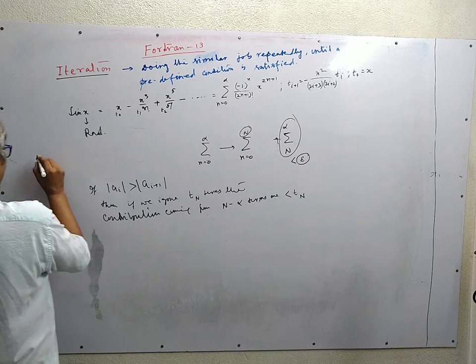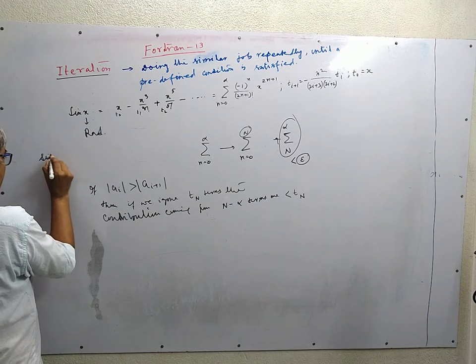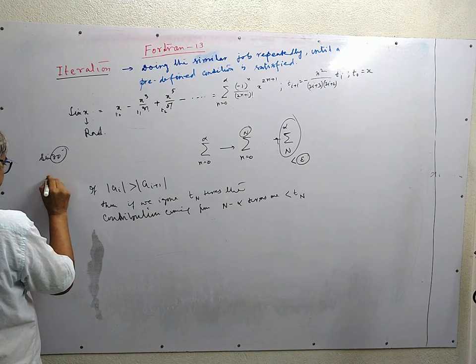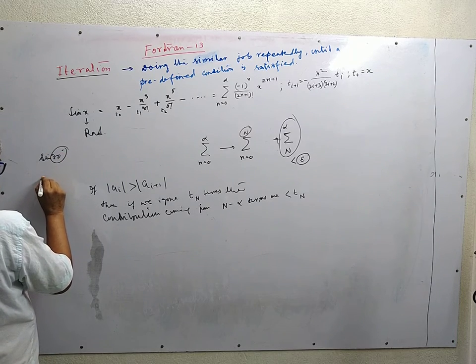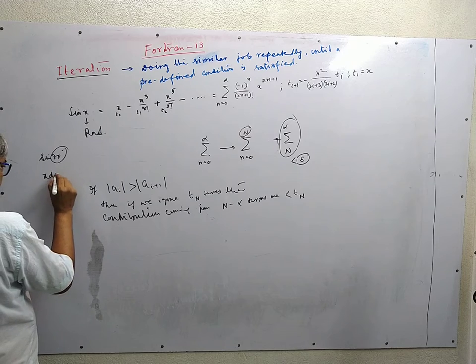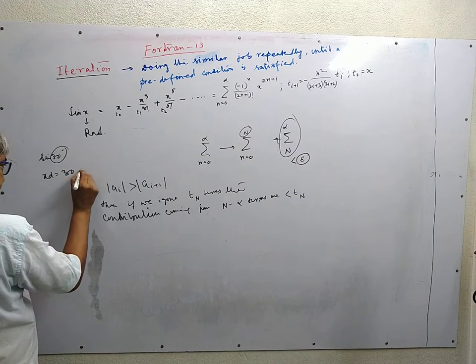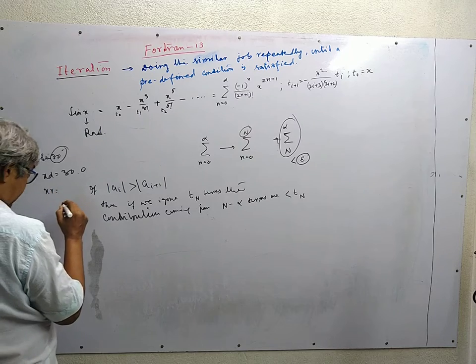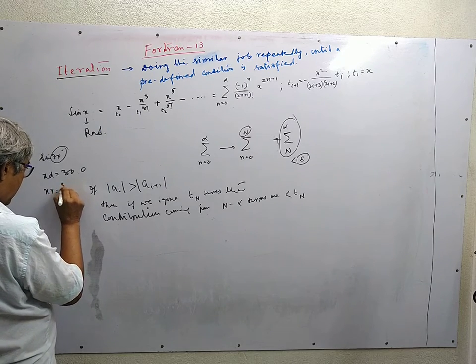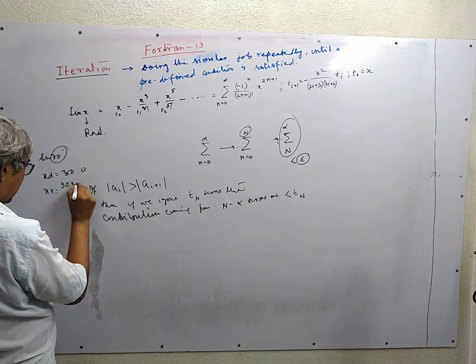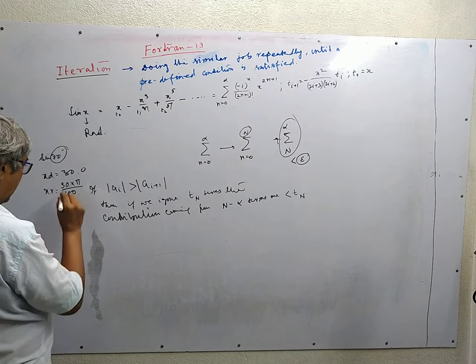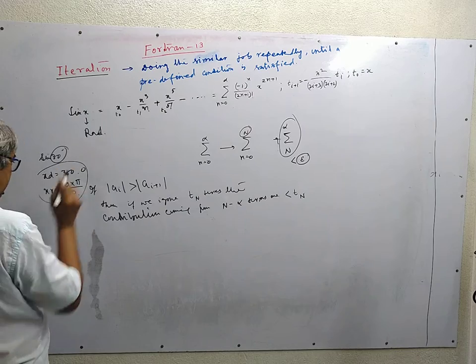If we want to find out sine 30 degree, then we are to convert 30 into radian, that is, x in degree is 30.0. The corresponding x in radian is 30 into pi by 180. This conversion has to be done.